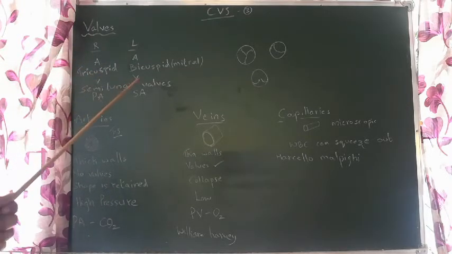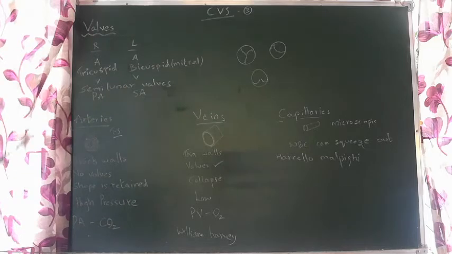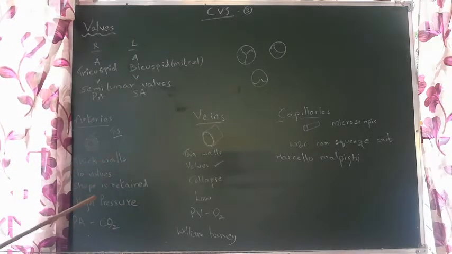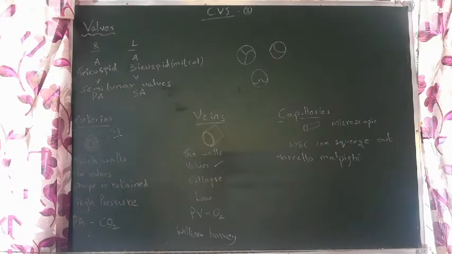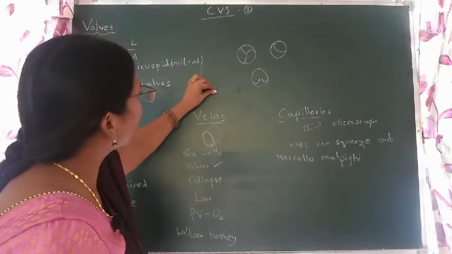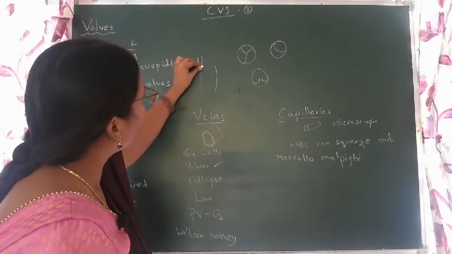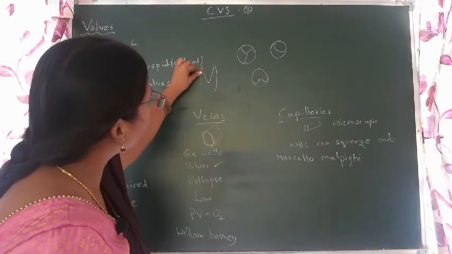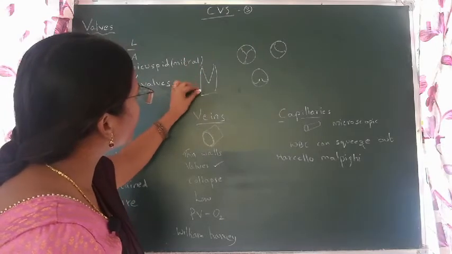Now, why is the name mitral? Mitral means it came from the cap of some priest or a pope. How does the cap look like? They wear a cap like structure. It is like this, long, and it looks in this shape, right?